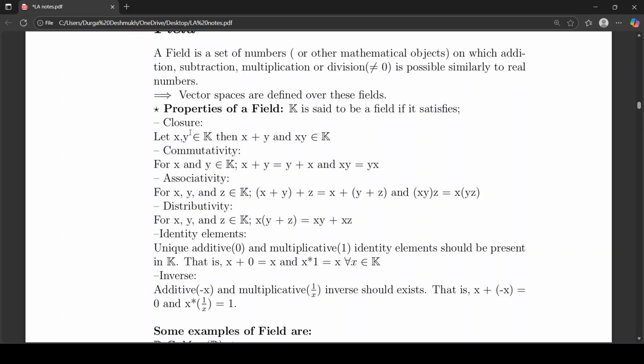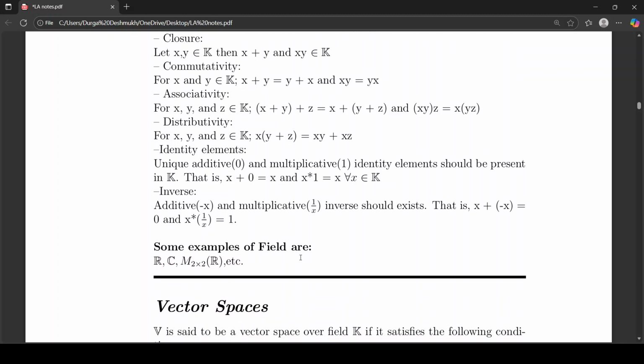It should follow distributivity, that is x into y plus z is xy plus xz. It should contain unique additive and multiplicative identity elements, that is 0 and 1. So x plus 0 is x and x into 1 is x. That's why they are known as identity elements. And inverse, so additive inverse and multiplicative inverse should exist such that x plus minus x is 0 and x into 1 upon x is 1.